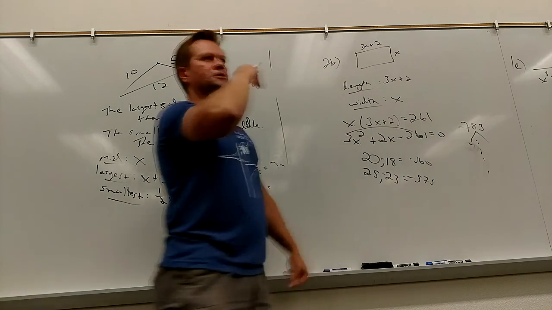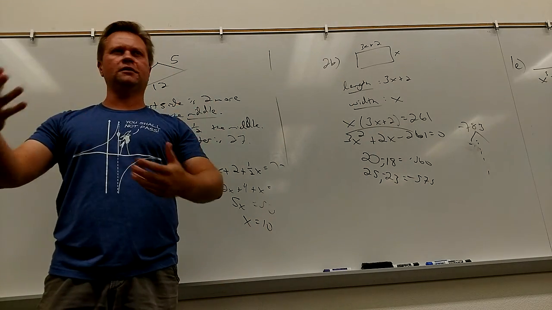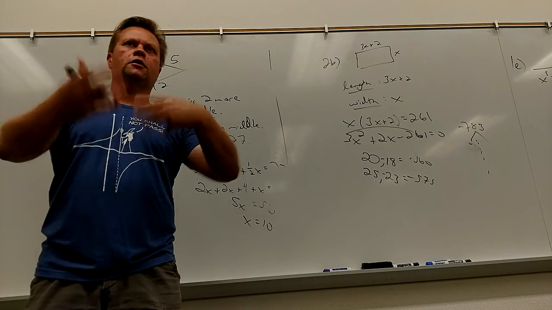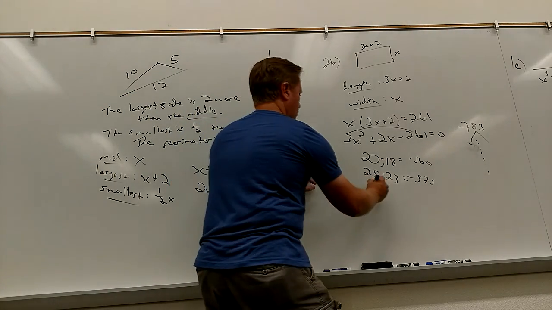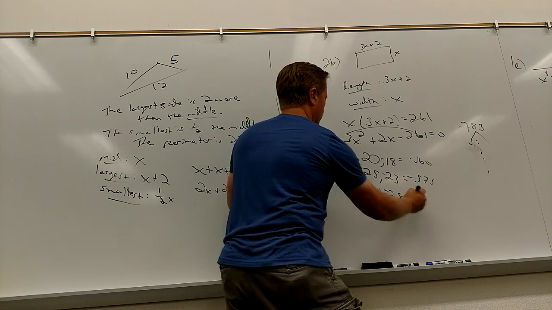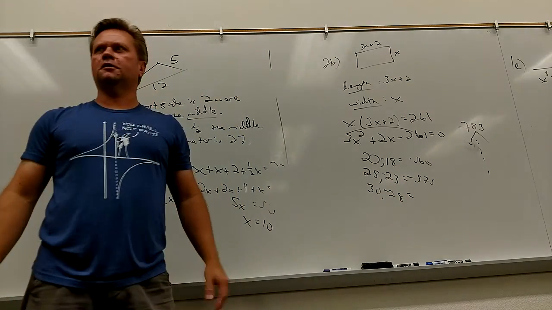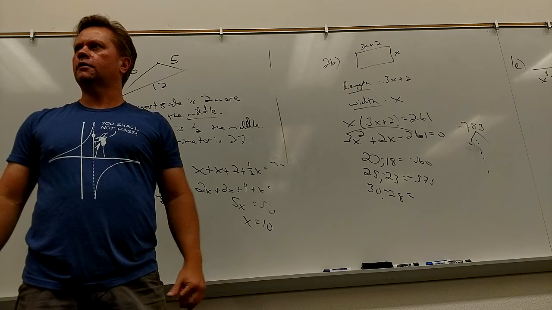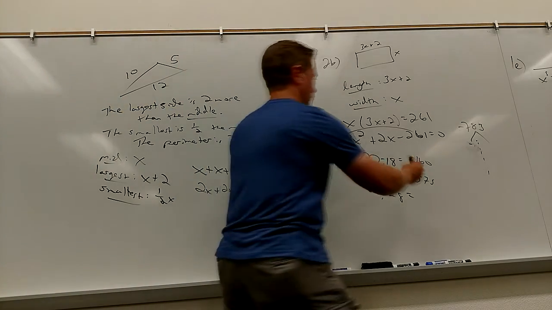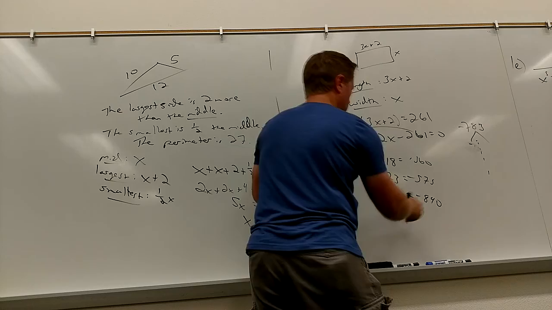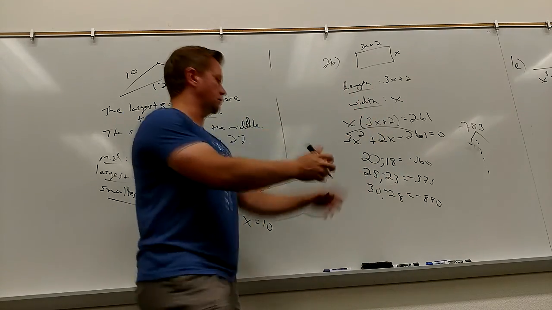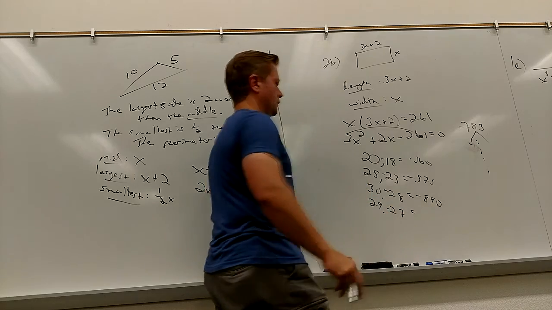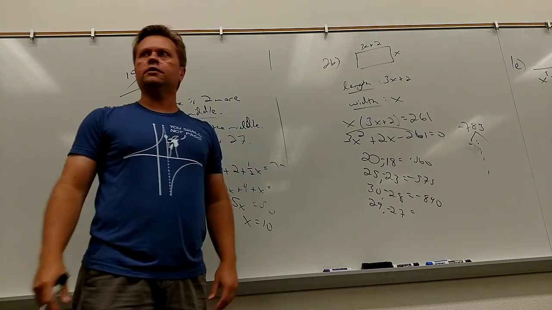This is more of a Price is Right game. Higher, lower, right? So if I do 30 and 28, just to purposefully get the wrong thing, I get 840. No, too big. So now just step it back. Maybe 29 and 27. 783. There you go.